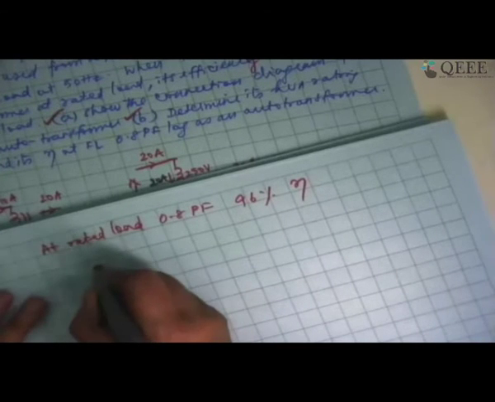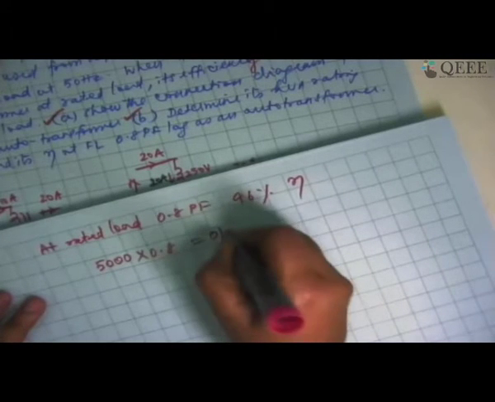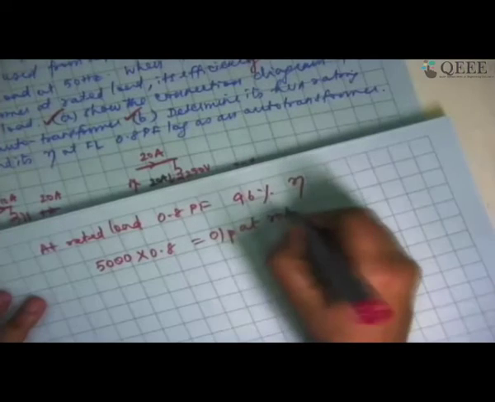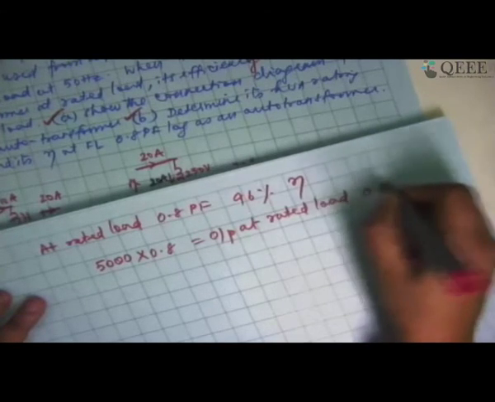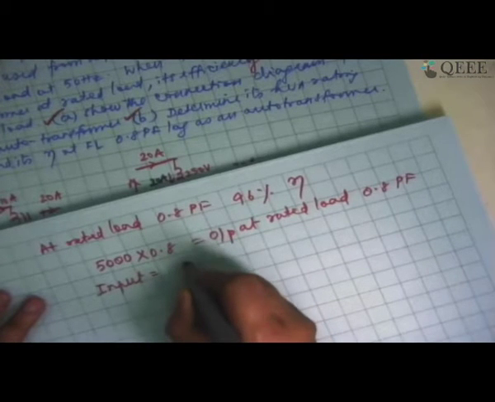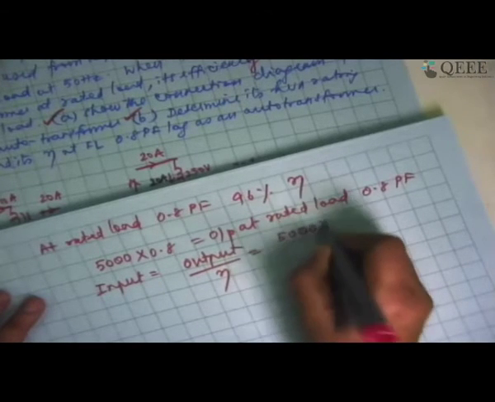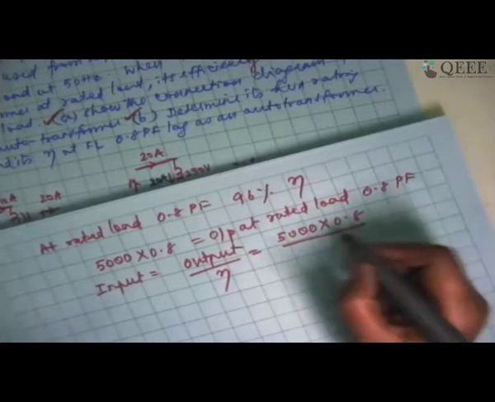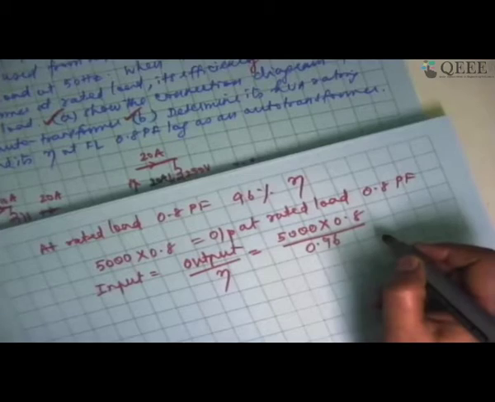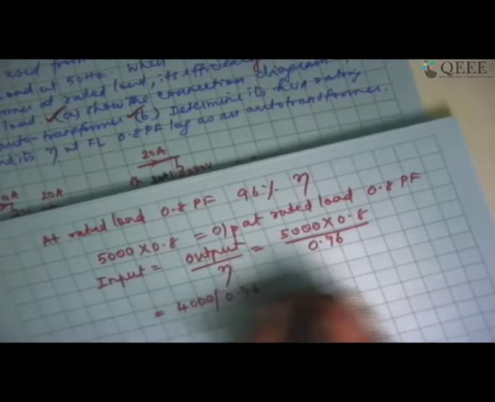So 5000 multiplied by 0.8 will be the output at rated load, 0.8 power factor. Input will be output divided by efficiency. So 5000 into 0.8 divided by 0.96. So this is essentially 4000 divided by 0.96 watts.